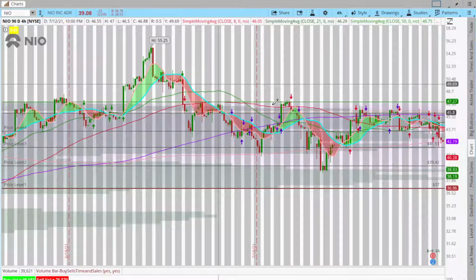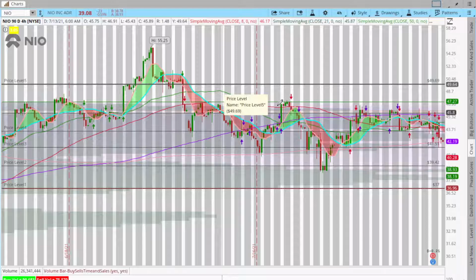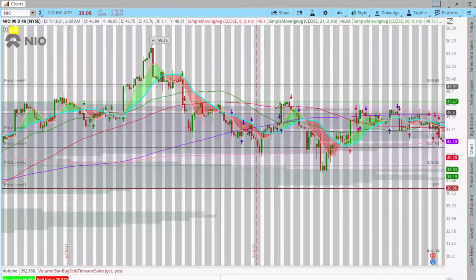Could be a good level for an entry. Probably not going to act as a huge level of resistance, but I'm going to go ahead and throw it in there. And I'm not actually going to change that one because I could round it up to 49.75, but it doesn't really make that much of a difference for a couple of cents.